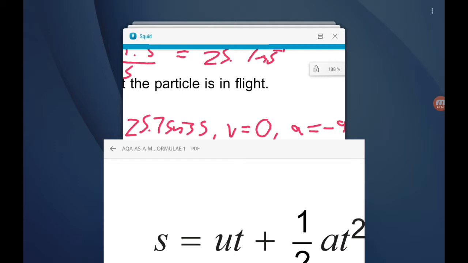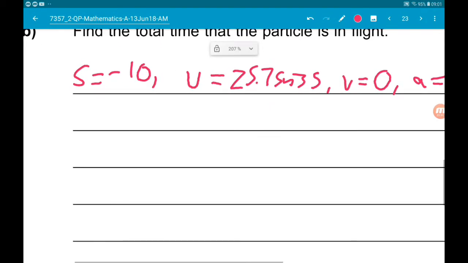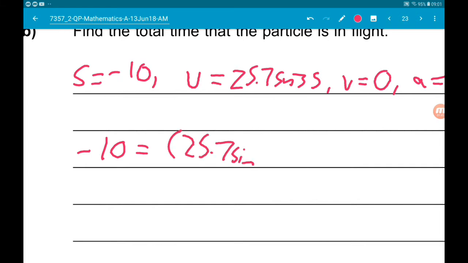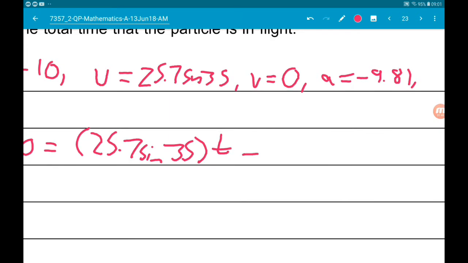So the equation that we're going to use is the top one. So we get minus 10 is equal to ut, so 25.7 sine 35 times t, minus one half a t squared, so minus 9.81 over 2 times t squared.